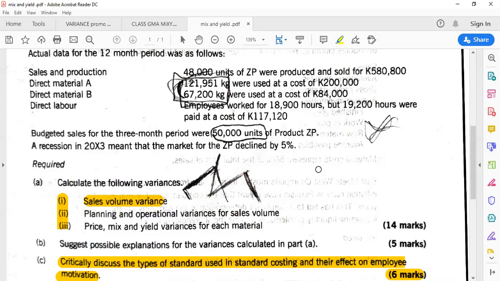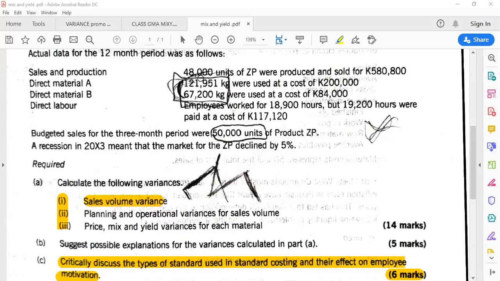Planning and operational variances have a format. The format for planning is you get the original budget and then you compare with the revised. This is where you make a name in the exam.